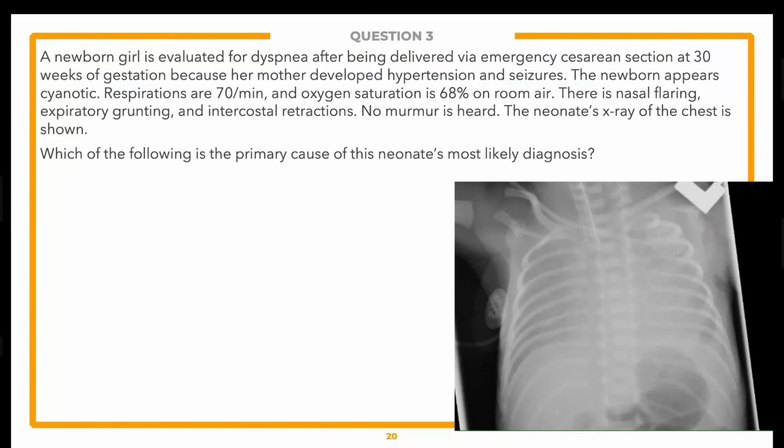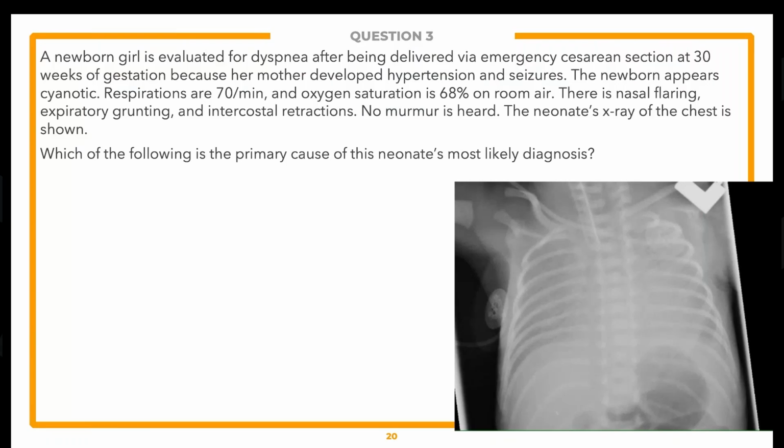And again, reading that lead in first helps provide a map through the vignette, which we're going to read right now. A newborn girl is evaluated for dyspnea after being delivered via emergency cesarean section at 30 weeks of gestation because her mother developed hypertension and seizures.